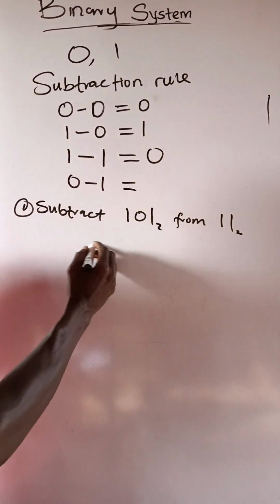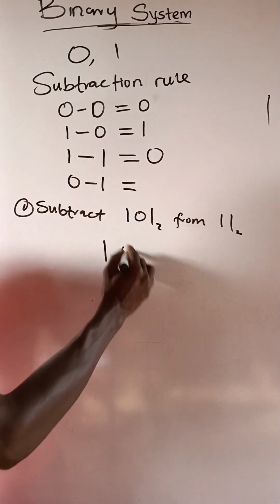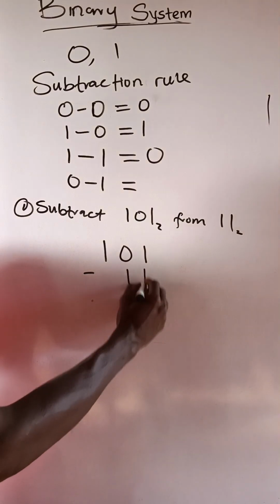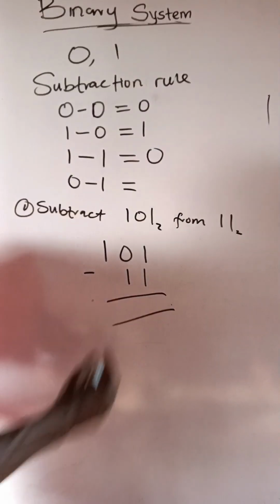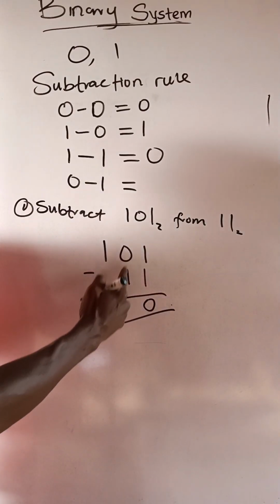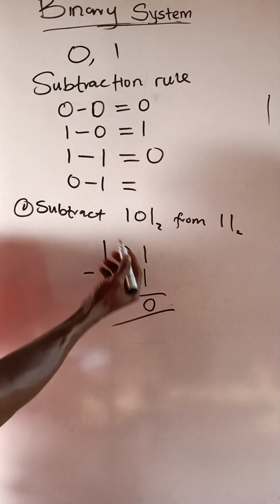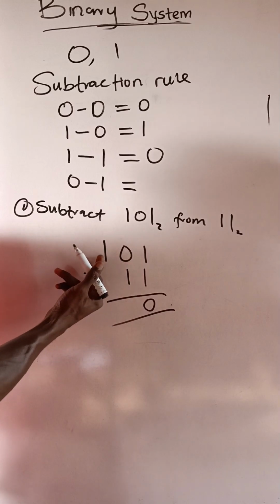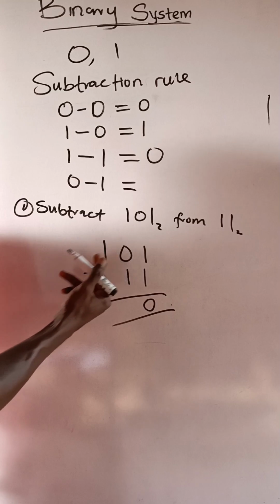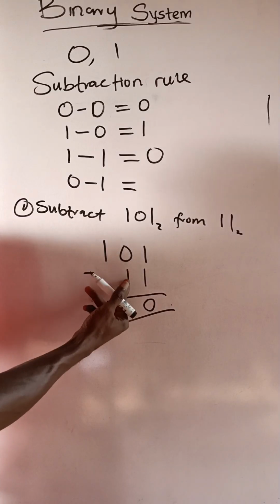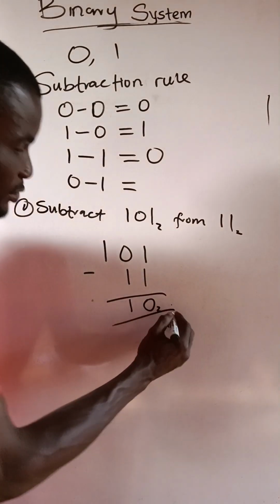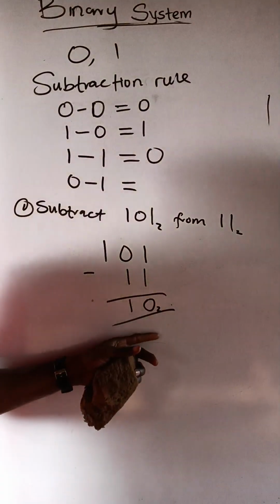So what do you do here? 101 minus 1 1. 1 minus 1, according to the rule, is 0. 0 minus 1, what do you do? You borrow 1 from here. This one here, you put it here. This one will become 10. So 10 minus 1 is 1. This is base 2. This is our final answer.